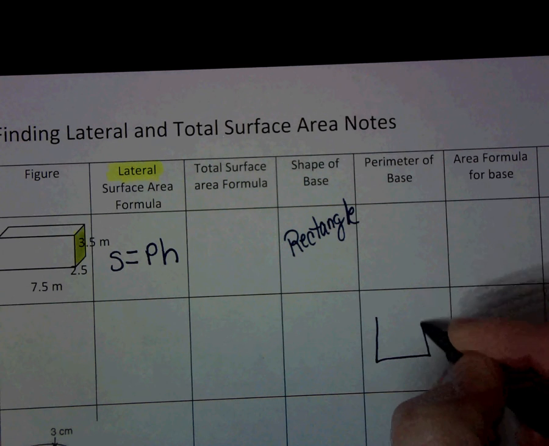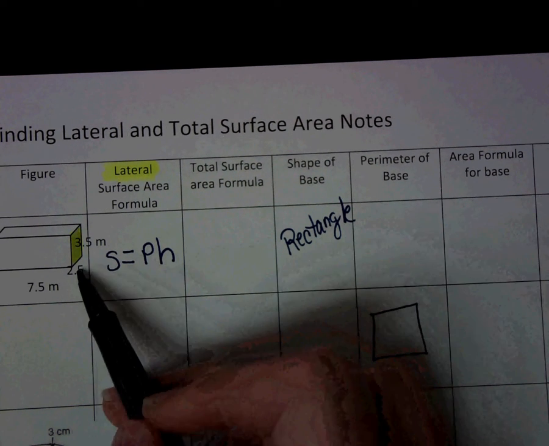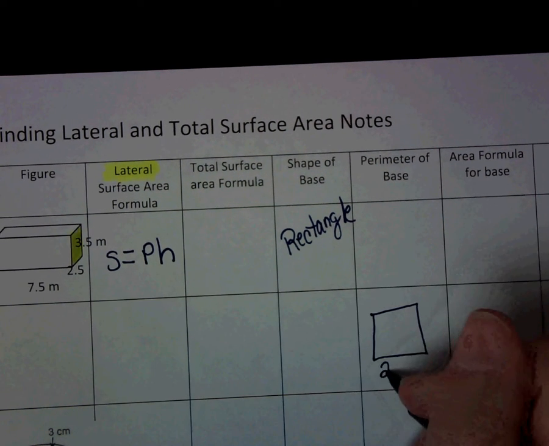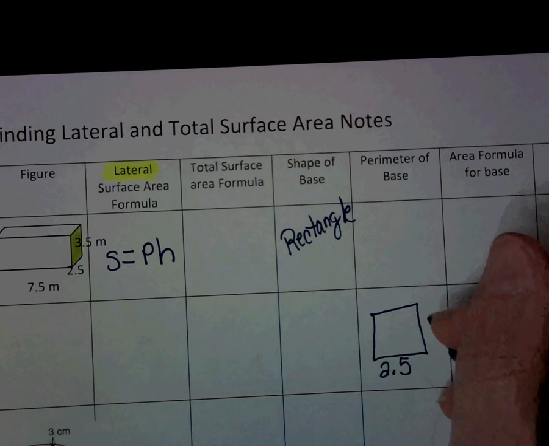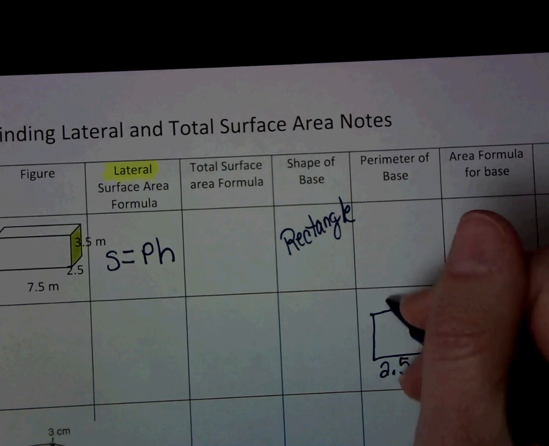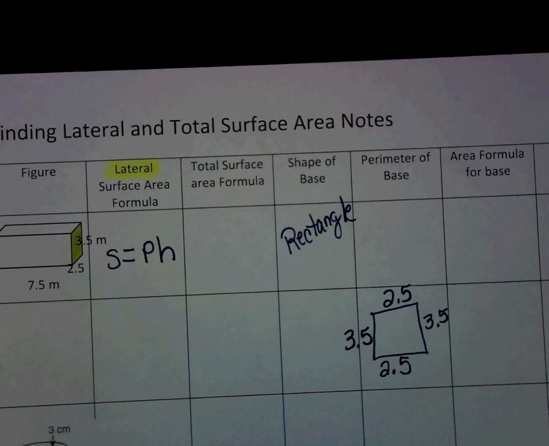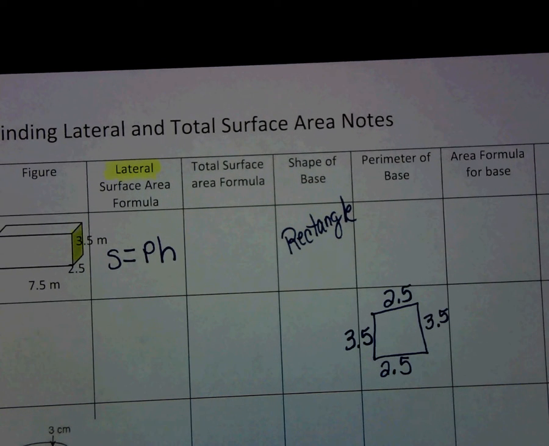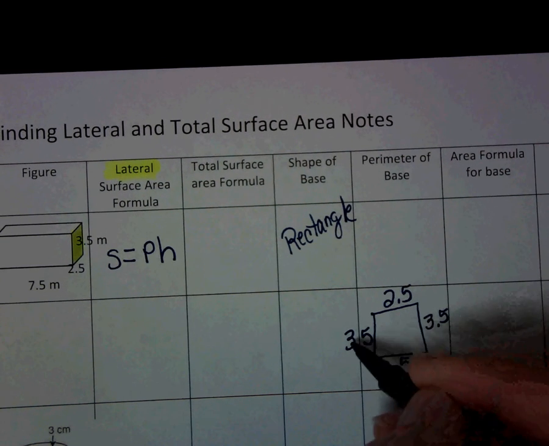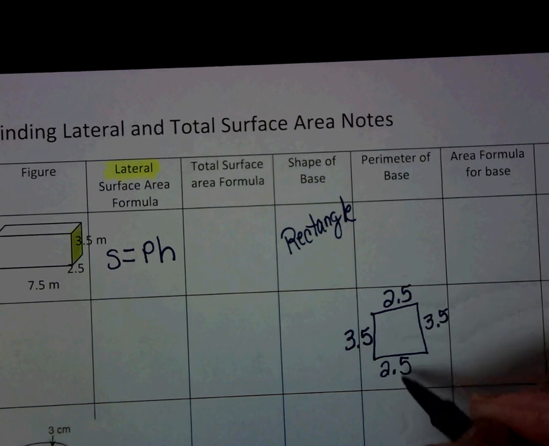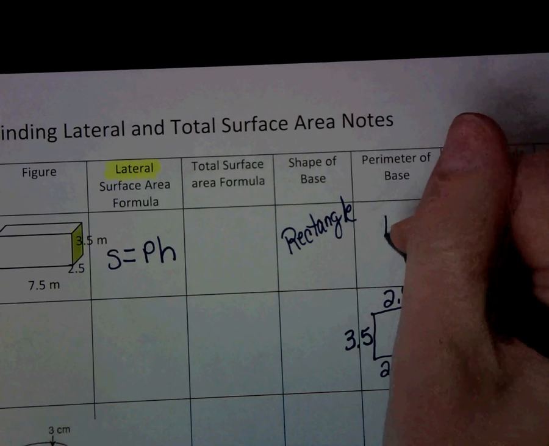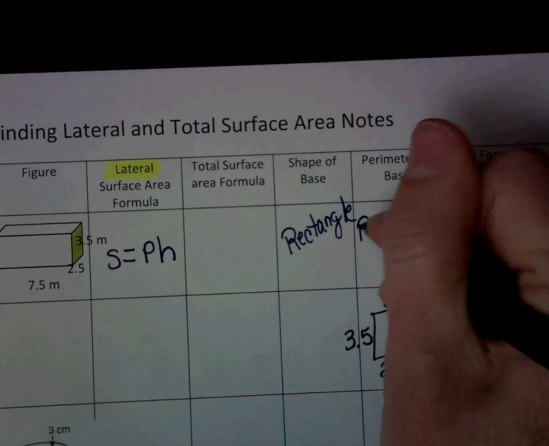Here is our base. The sides are 2.5 and 3.5, and remember, opposite sides are the same. Perimeter, remember, we're going to add all the sides. You can take your calculator if you need to. These two sides make 7, these two sides make 5, and so our perimeter is 12. P equals 12.